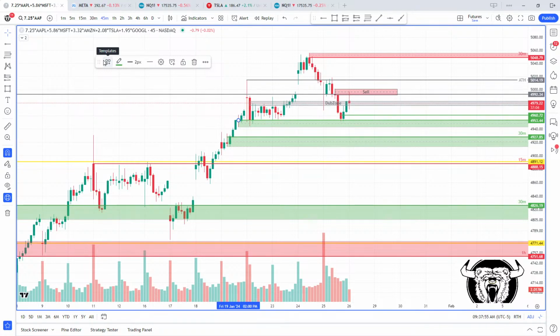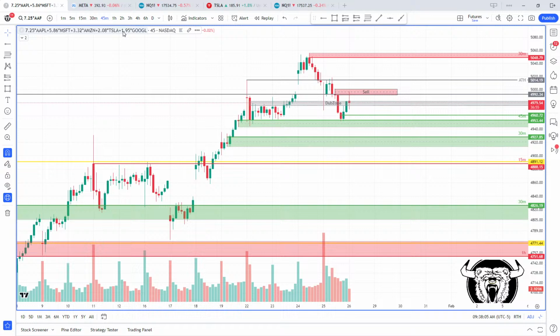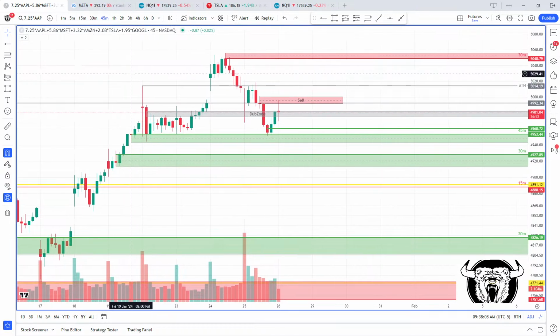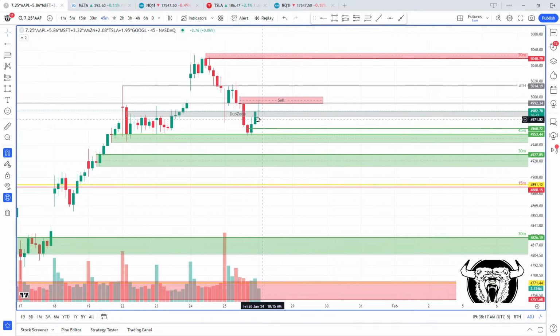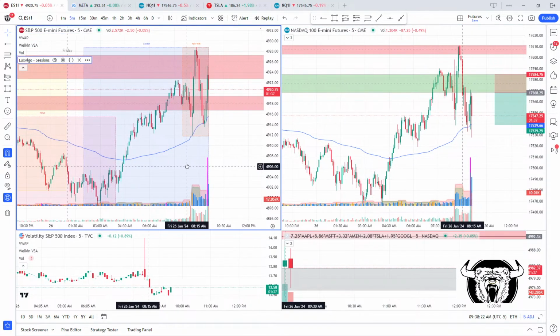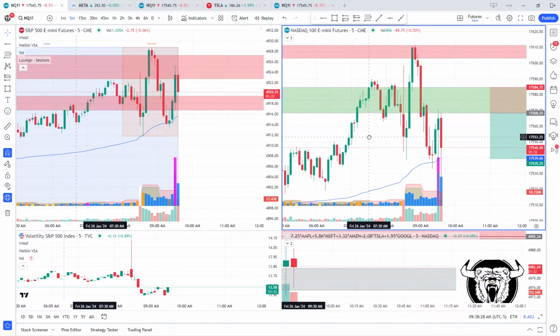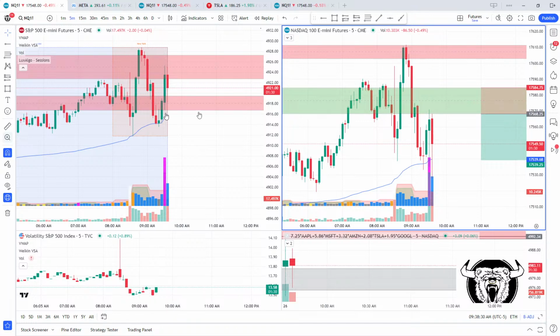But it works enough that you could build consistency off of it, and you can have nice risk to reward trades off of them. What is this? 45 minute? It's a name I gave it, but basically it was a broken supply zone that started working as a demand zone, so sort of like an area of interest. Yeah, it's a nice rejection off of that area right there on the NASDAQ. I definitely would have taken that short.